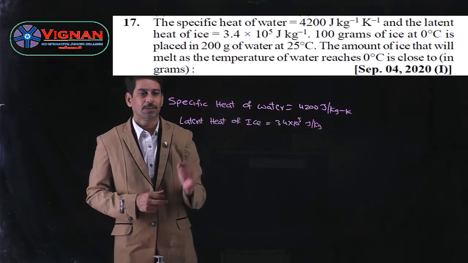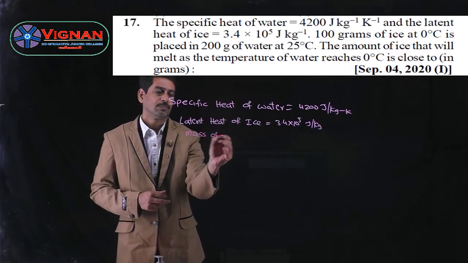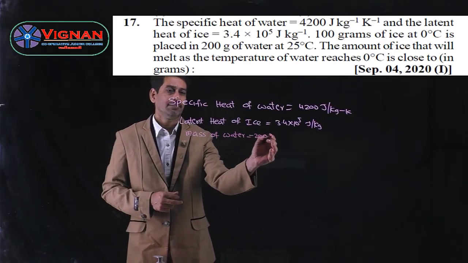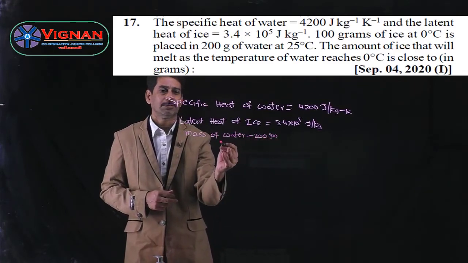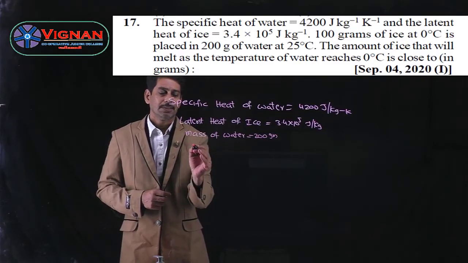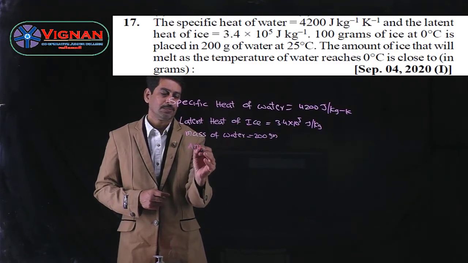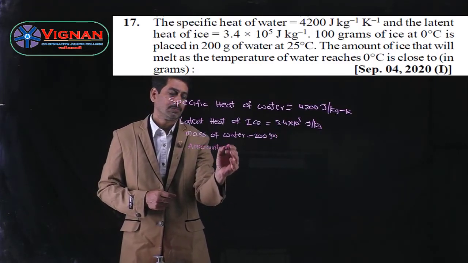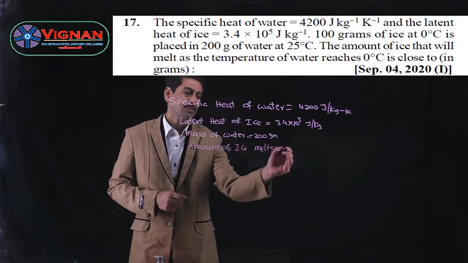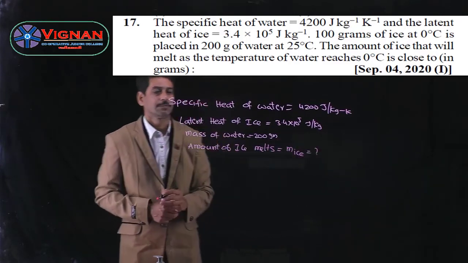And mass of water is given as 200 gram, and this is at a temperature of 25 degrees centigrade. And the amount of ice that will melt is, let the amount of ice that melts be m. So find the amount of ice that melts.